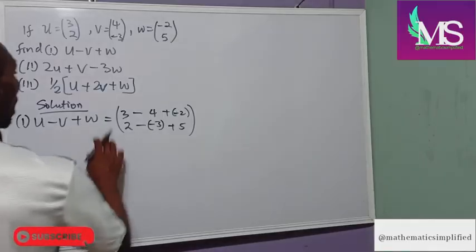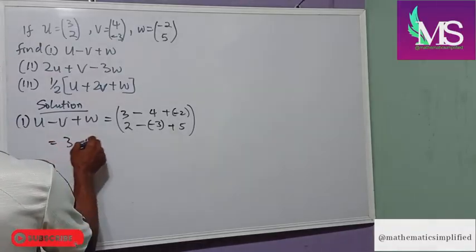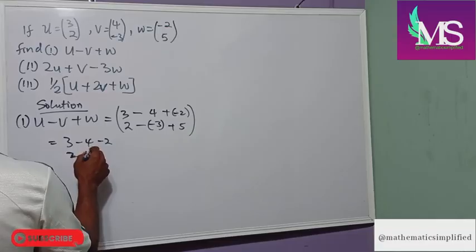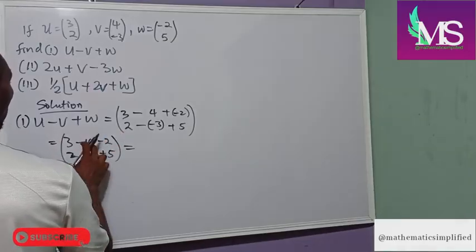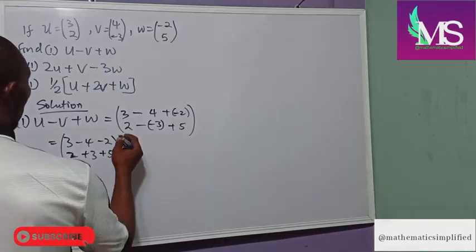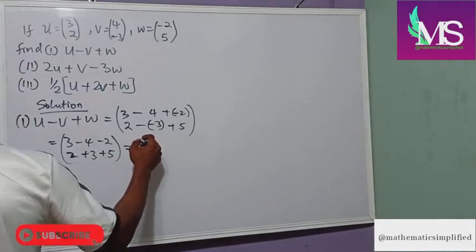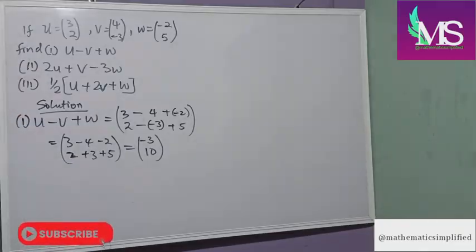So now, we can expand this to become 3 minus 4 minus 2 and 2 plus 3 plus 5. So this gives us 3 minus 4 is minus 1. Minus 1 minus 2 will give us minus 3, and 10. That forms our first question: (-3, 10).